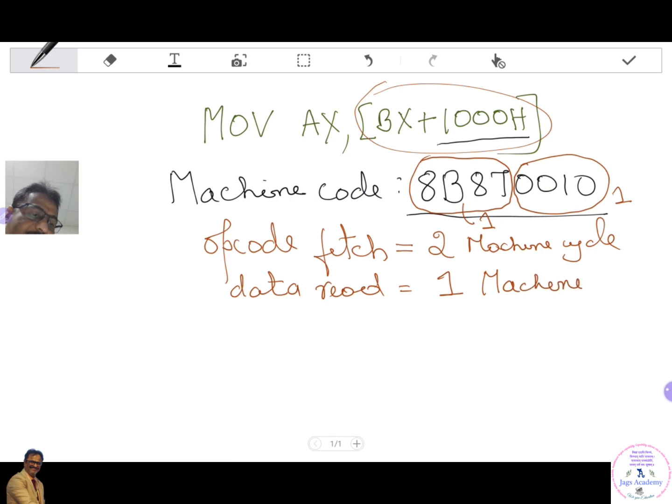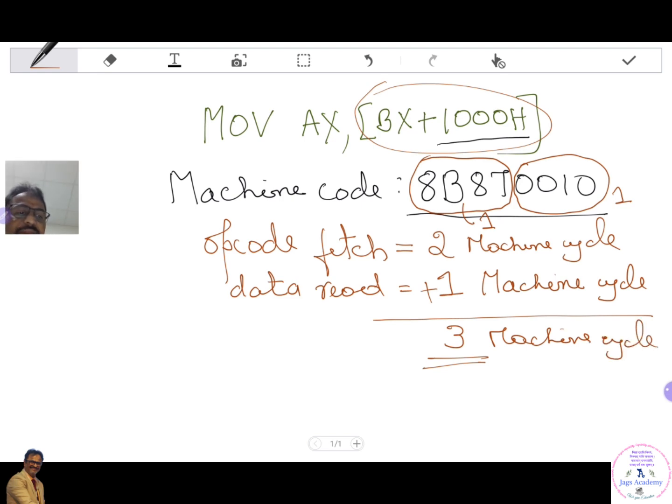So the total number of machine cycles required for this is 3 machine cycles: opcode fetch plus data read.